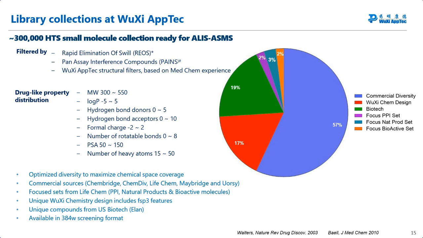These compounds were well selected to ensure that pan-assay interference compounds and biologically useless compounds were not included. Our libraries offer guaranteed diversity to significantly increase the chances for our clients to discover binders for their various target classes. And we have developed ALICE ASMS to search these compounds against RNA targets.